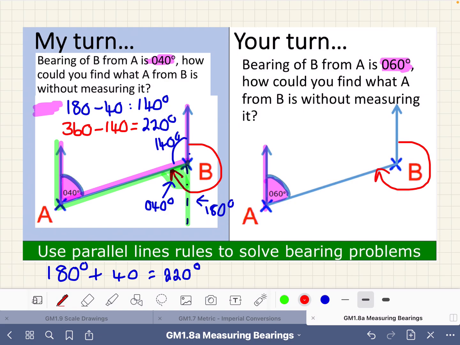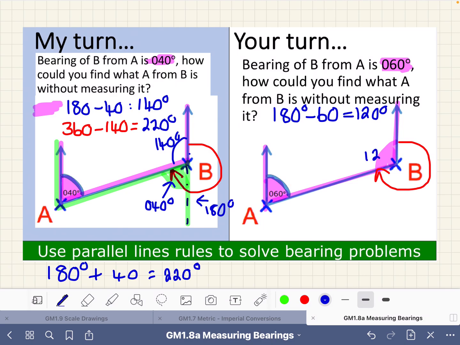Using our first option of knowing that we have a co-interior angle with this angle in this corner here, we know that there should be 180 degrees inside the co-interior angle in total. There are 60 degrees so far, so I'm going to take away the 60 degrees to leave me with 120 degrees.